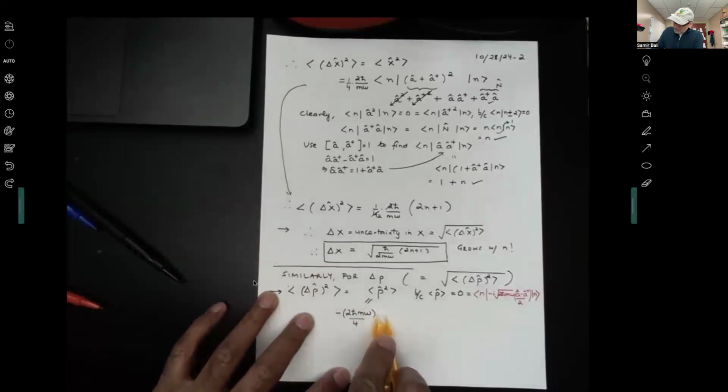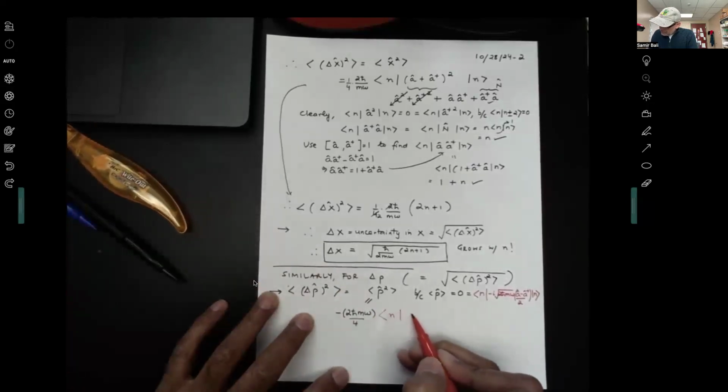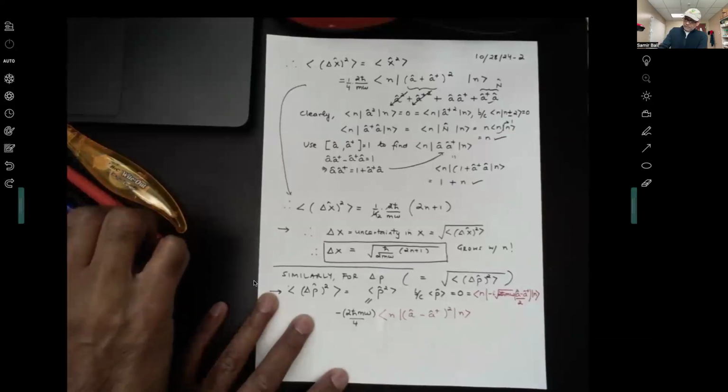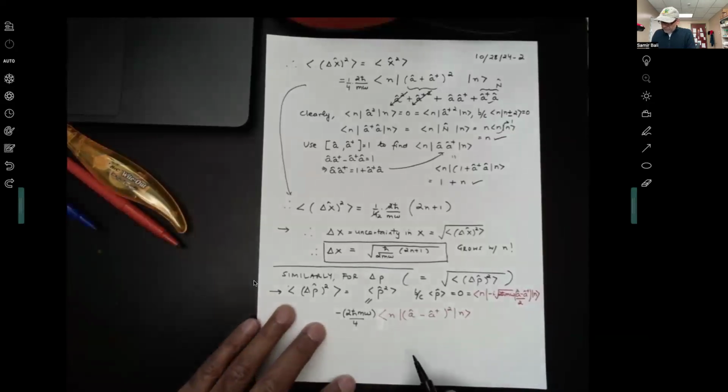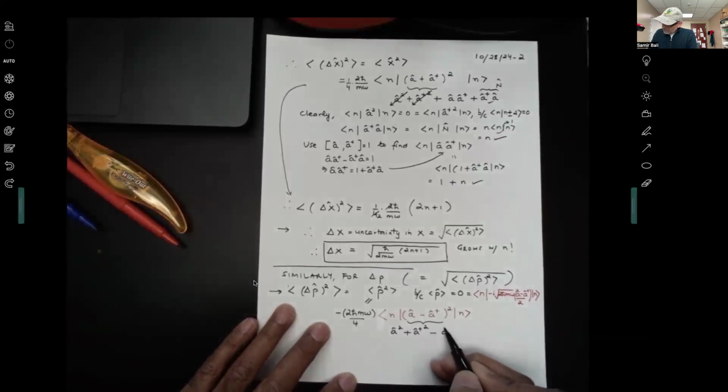So this is going to be a minus a dagger squared. We can expand this out, and you would find that that would be a squared plus a dagger squared, minus a a dagger, minus a dagger a.